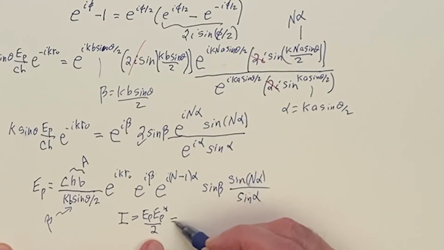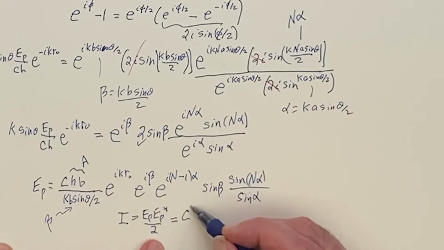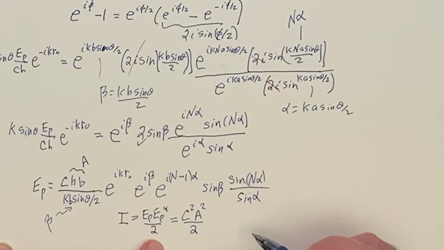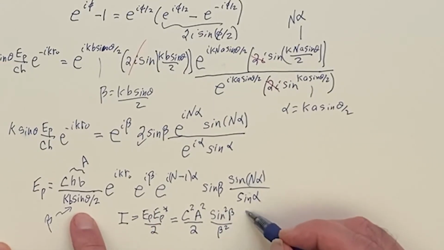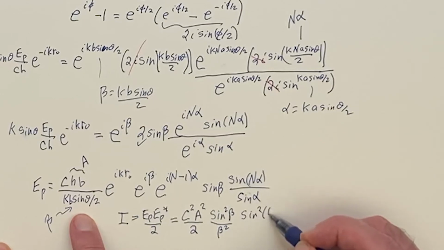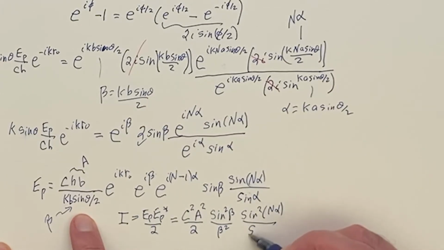So they get 1. So this is going to be c squared, a squared, over 2, and I'm going to have the sine squared beta over beta squared coming from over here, and then the sine squared n alpha over the sine squared alpha.